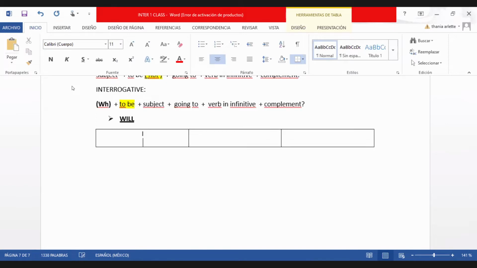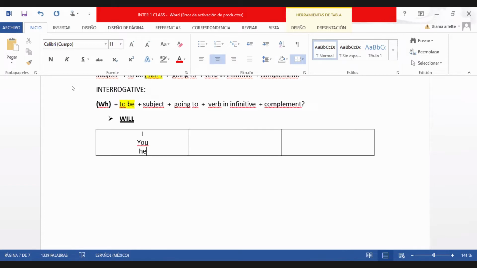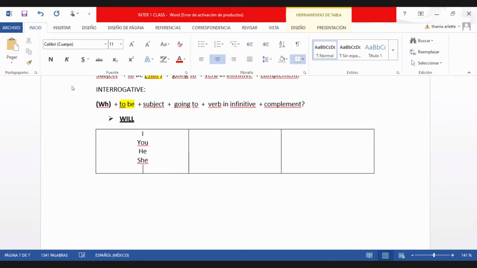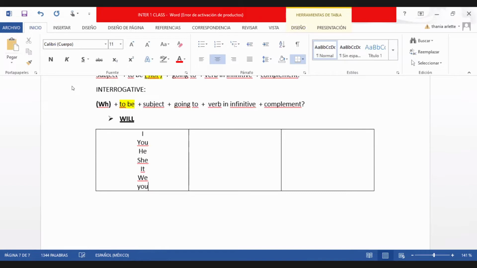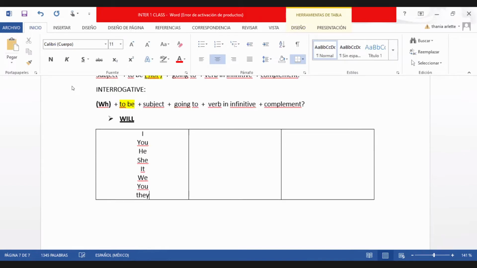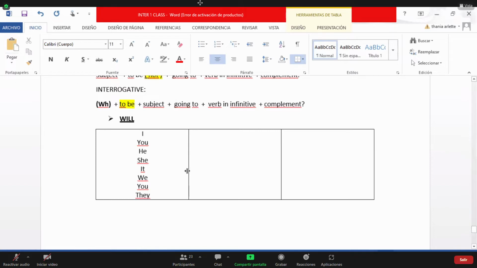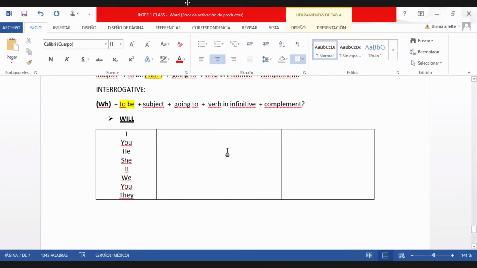So the subjects are I, you, he, she, it, we, you, and they. These are the subject pronouns. They are the doer of the action. All the subjects are going to use will.